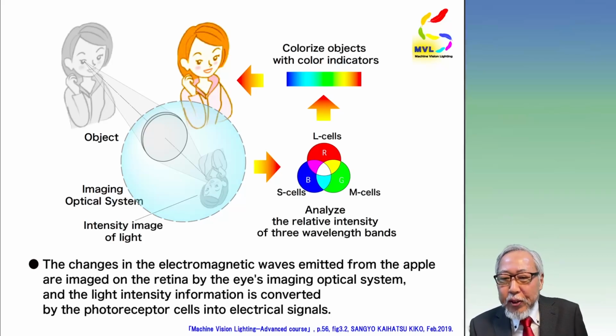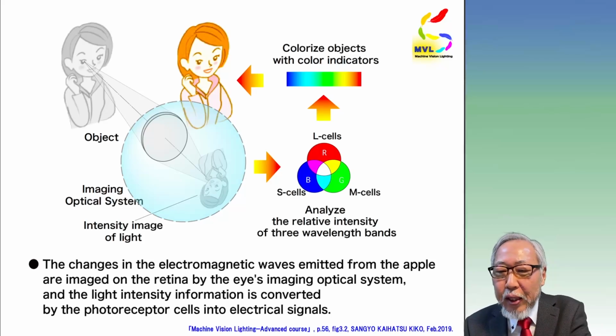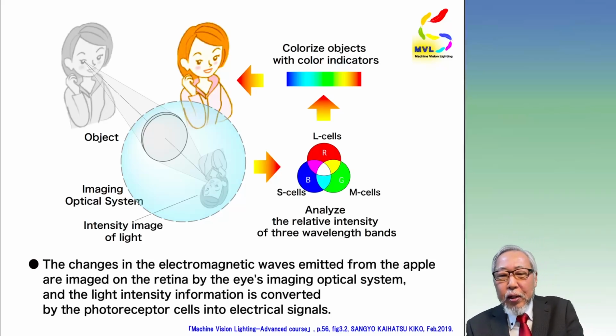And the brightness of each of these three cells is assigned to RGB as a psychological quantity in the human mind. Incidentally, color is the ultimate psychological quantity. So there is no physical quantity called color. It's called spectral distribution, if I had to say.